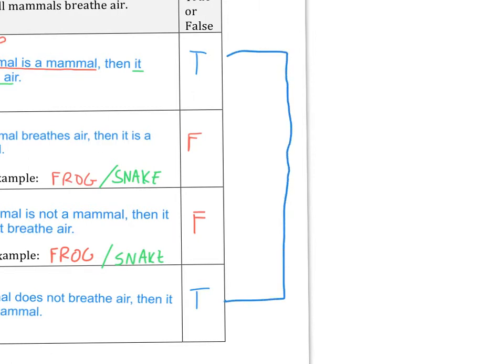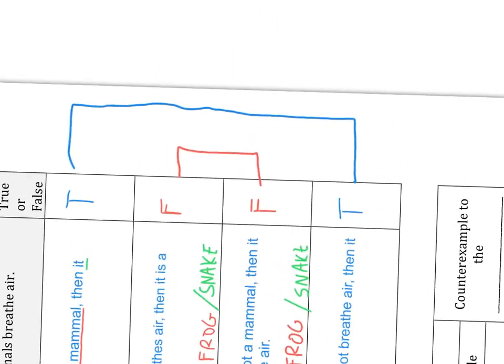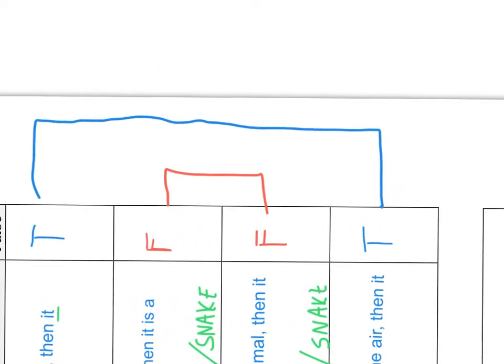And the falses here are both false. Now, I'm not saying that all converses are false and all inverses are false, nor am I saying the original statements are always true. But I'm saying that when this is true, then this one also is true. When this one is false or true, then this one is the same. We call these two, this pair, logically equivalent.